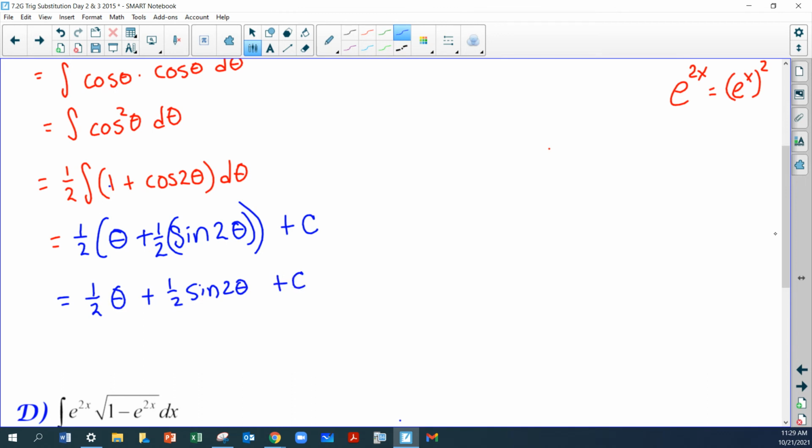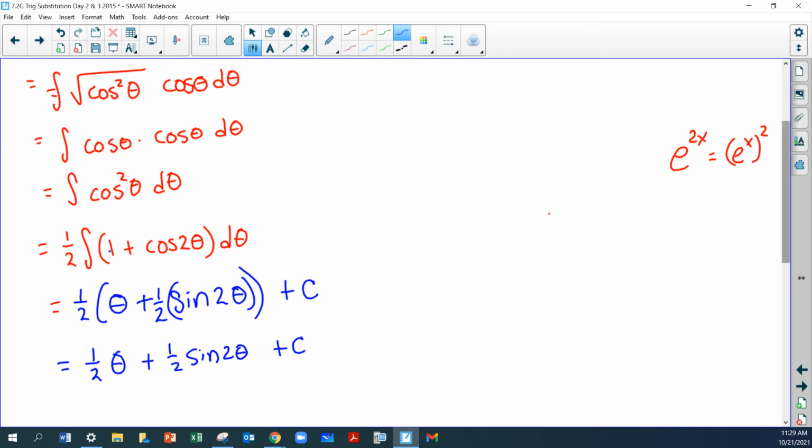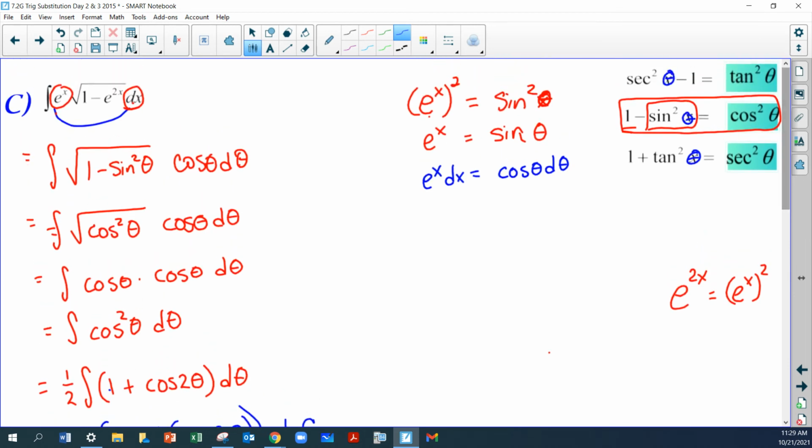Okay, the theta I think I can handle, but I'm wondering about this double angle business. What are we going to do with that? All right, so from this we can solve for theta. And that would look like we'd have to sine inverse both sides, wouldn't we?